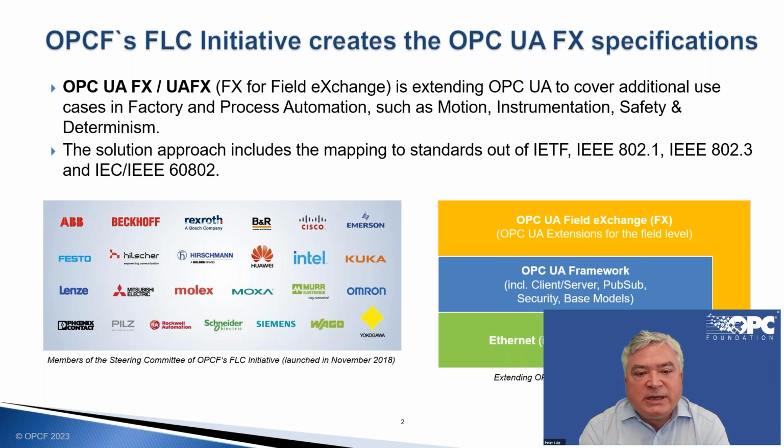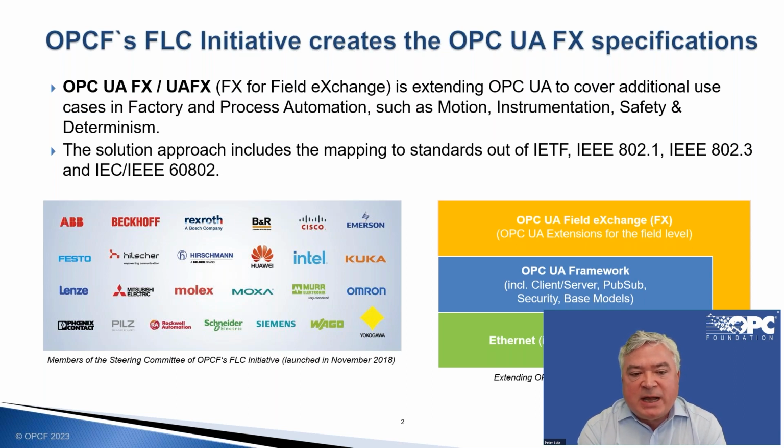And very important is that we leverage certain standards from external organizations when it comes to underlying network protocols and physical layers. So this is where we link to external standards out of IETF and IEEE. And with regard to TSN, the IEC/IEEE 60802, the TSN profile for industrial automation.